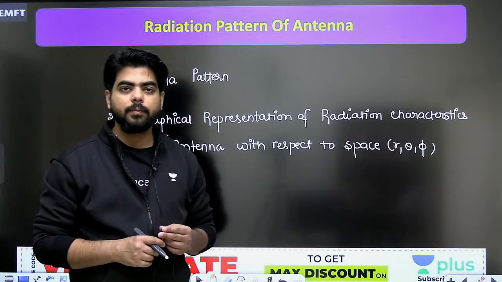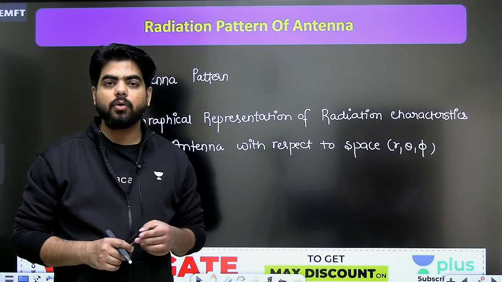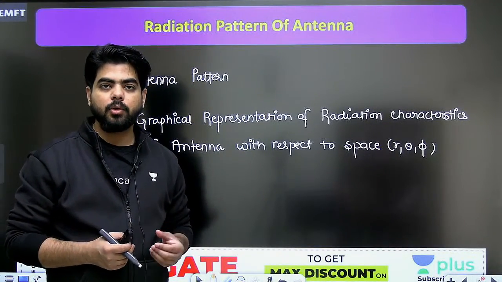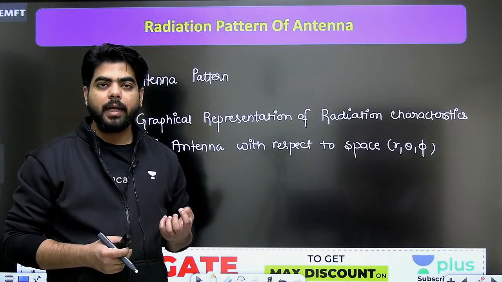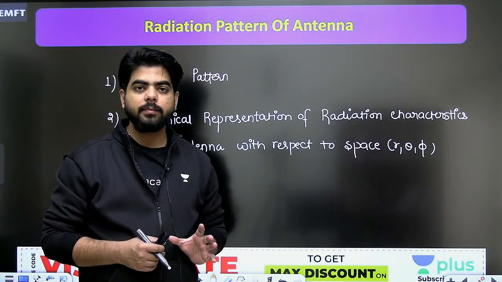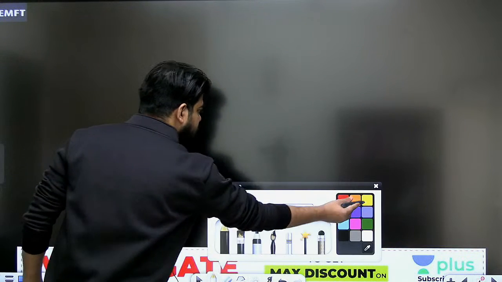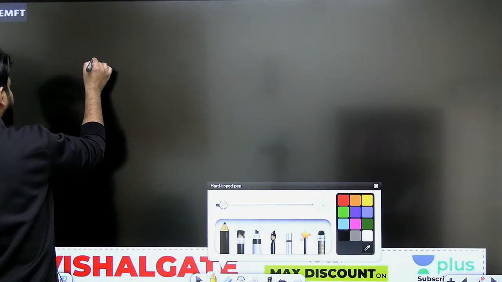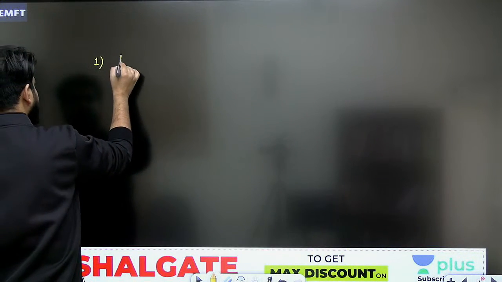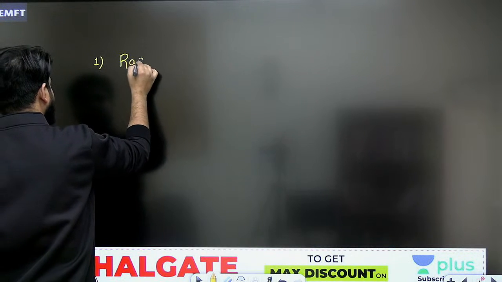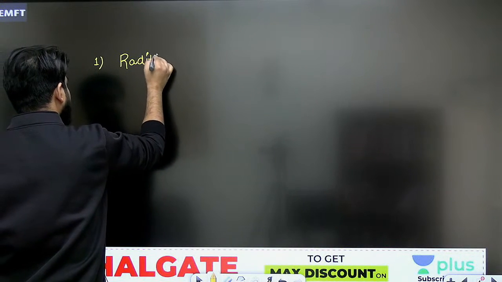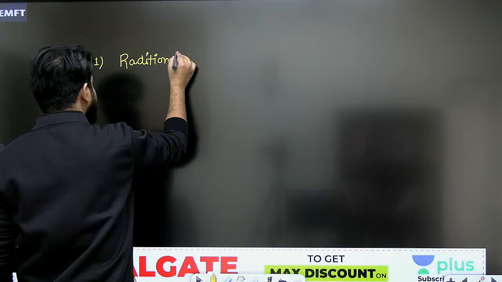Maybe we can talk about the radiation intensity, the directive gain, the power gain, the power received by the antenna. Everything is related with your radiation properties. So first of all, maybe we can discuss the radiation intensity, that is, what is the radiation intensity at any point in the space.